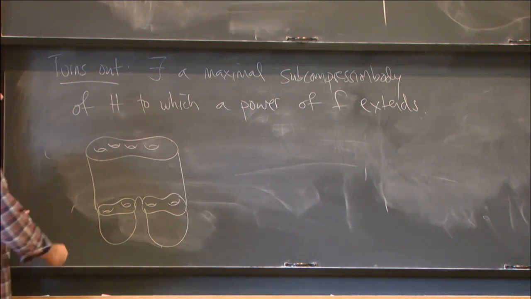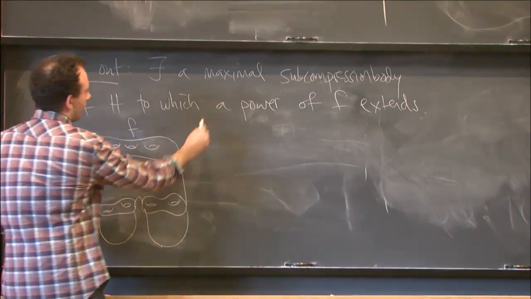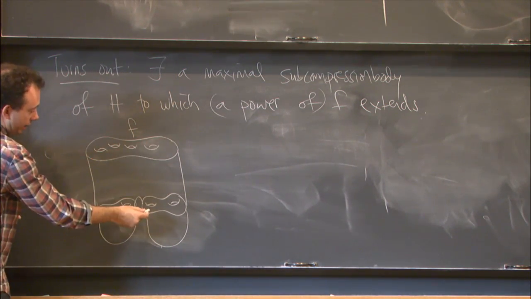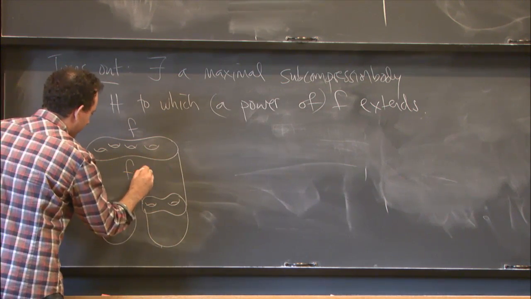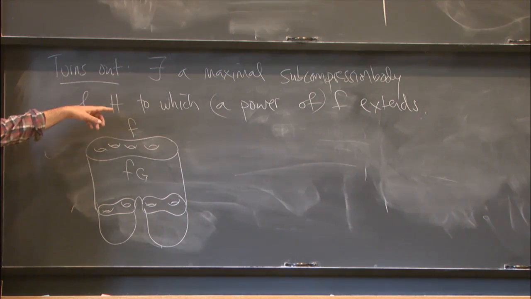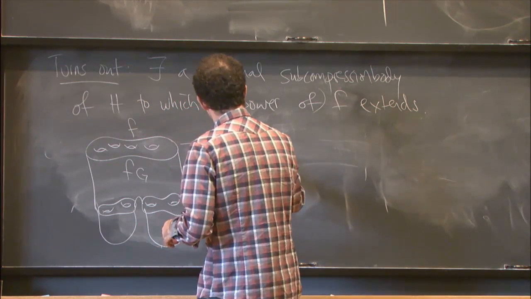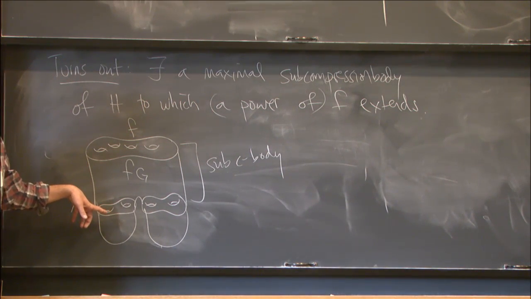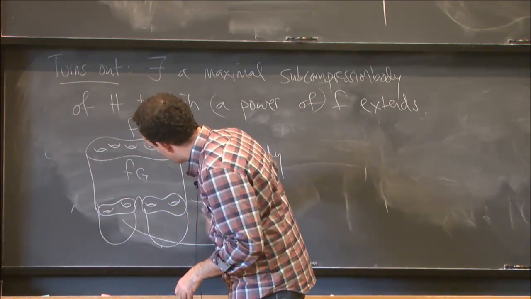And so if you act here by f, then f gives you an action down here on the interior boundary components. So if f extends to this subcompression body, then it also acts on the interior boundary components. And it's the Nielsen-Thurston type of the maps down here that are relevant.